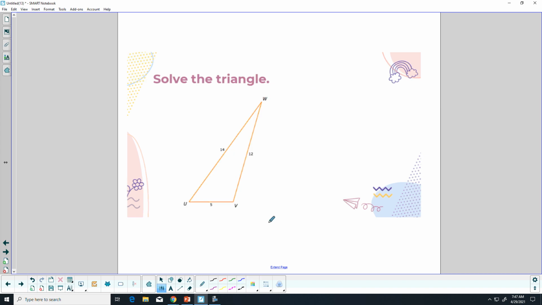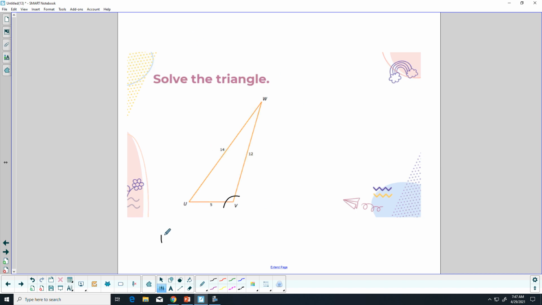Solve this triangle. So that means I need to find everything there. So I'm going to start with one of the angles. I'm going to have to use a lot of cosines since I don't know anything else. I'm going to start with angle V. So the side opposite of that is 14.